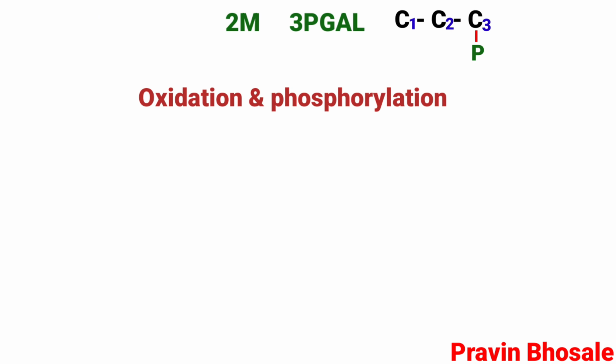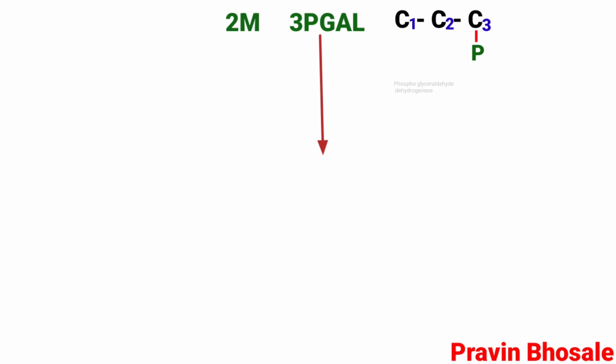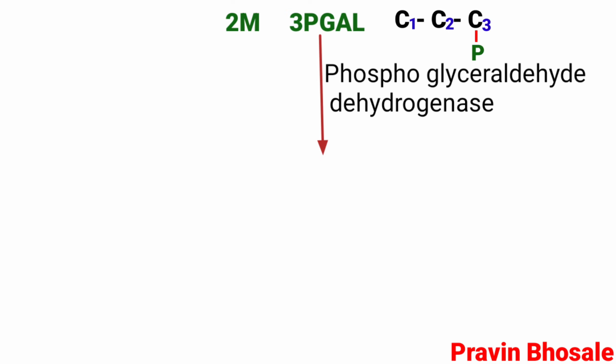Oxidative and payoff phase. Oxidation and phosphorylation: in the presence of the enzyme phosphoglyceraldehyde dehydrogenase, 3-phosphoglyceraldehyde undergoes dehydrogenation, that is oxidation, removal of hydrogen.